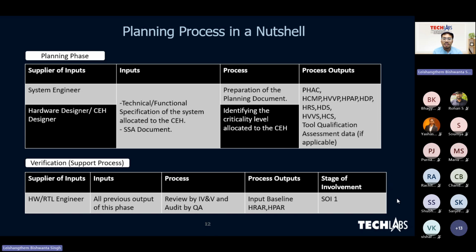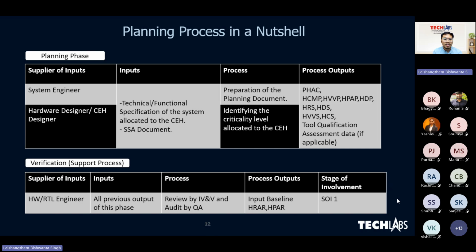And if you want to define some standards for your further processes, you can have a hardware requirement standard or design standard, verification and validation standard, and configuration standards. During this planning process itself, if tool assessment or qualification is required, that has to be performed and provided.